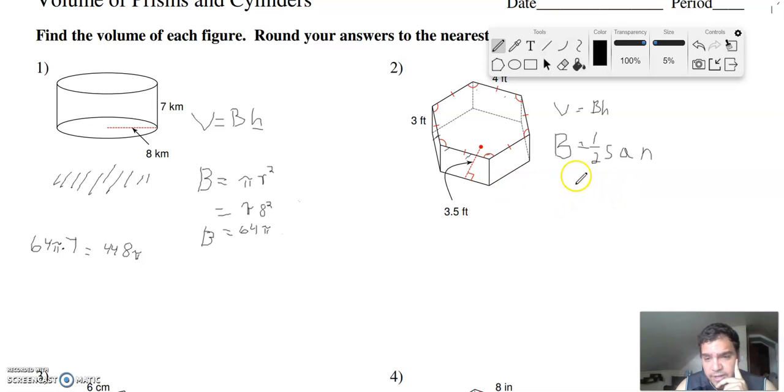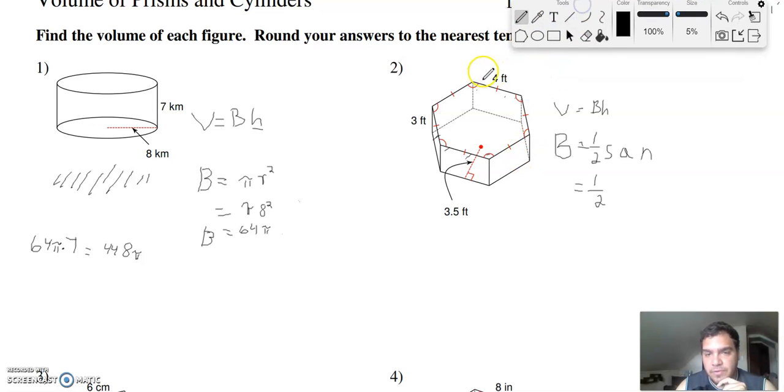So let's figure it out. It's 1/2. How big is each side of the hexagon? That's really important to tell the difference. This 3 seems to indicate this line right here, and this 4 indicates this line. This 4 is definitely the side of the hexagon.